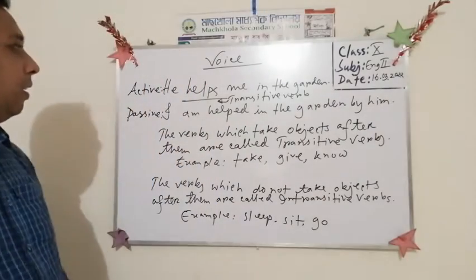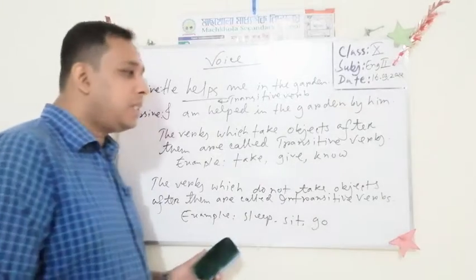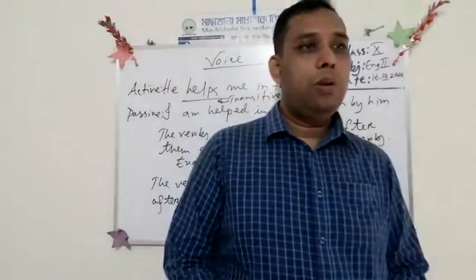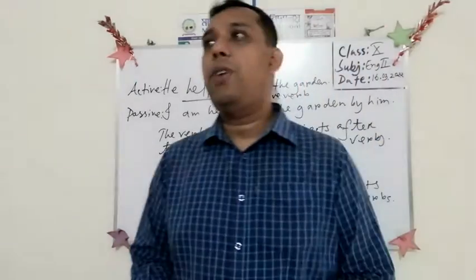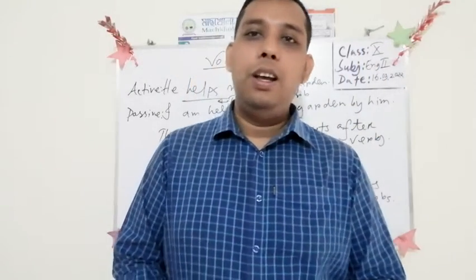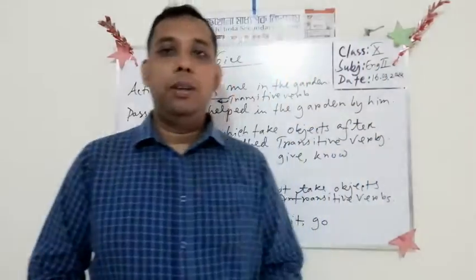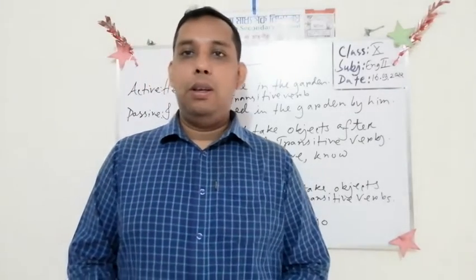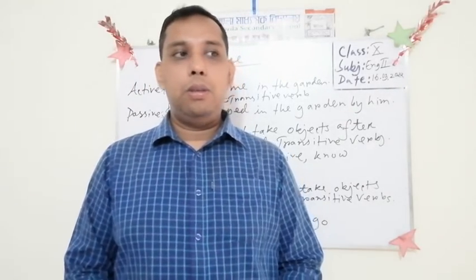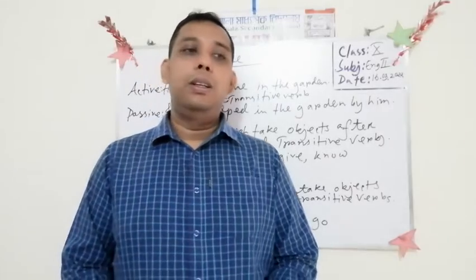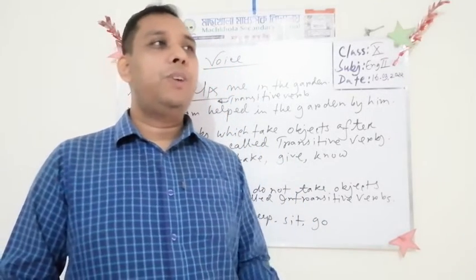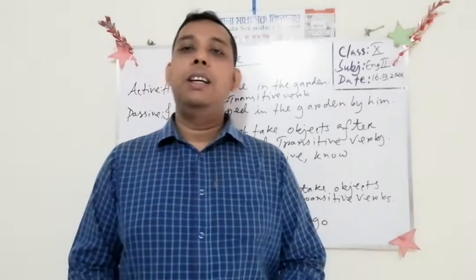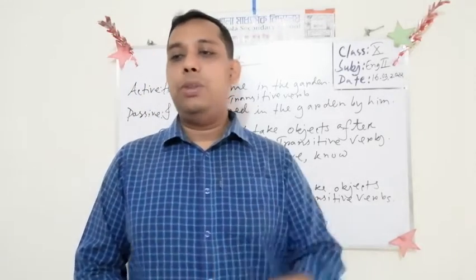It is necessary to know the definition and to understand transitive and intransitive verbs, because most often when a grammar item talks about voice changing, we have to find out the object in a sentence, then convert it into the passive one.